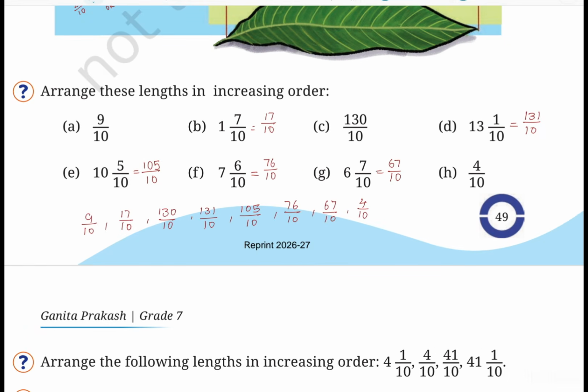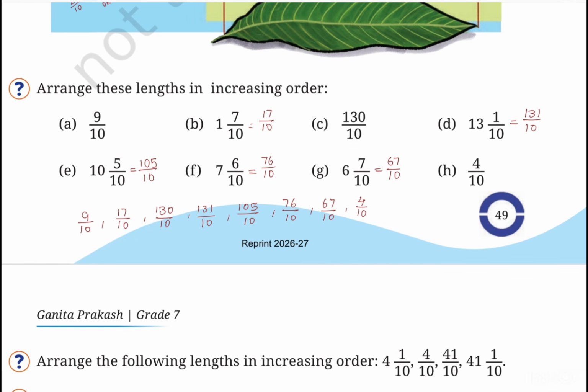So we have to arrange these numbers in increasing order. Increasing order means small to large. The smallest number will be 4 by 10, which is smaller than 9 by 10. And the next number will be 17 by 10.